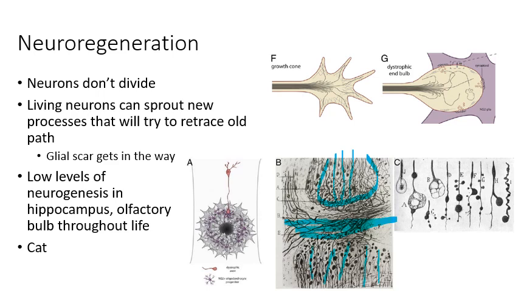Usually you're not going to have too many neurons that die because it would be mostly axons that are cut, and those neurons will usually live, but the axons cannot get back through that glial scar. It's blocking their path. Although some of them may be able to sneak through around the edge of that scar.